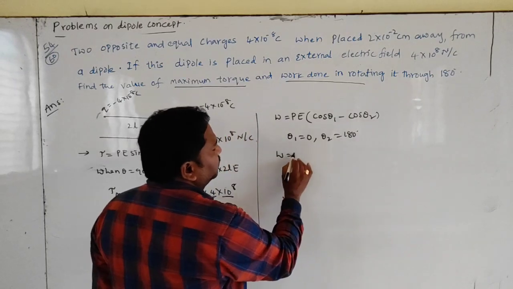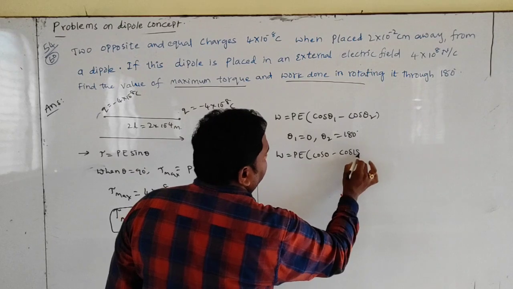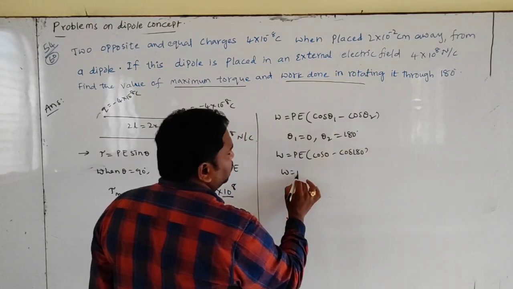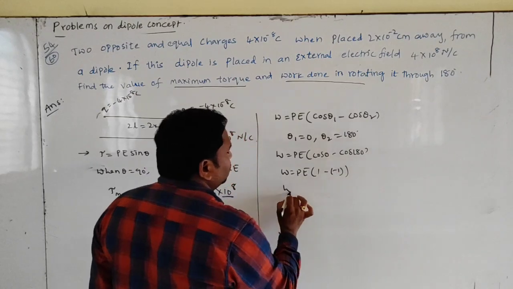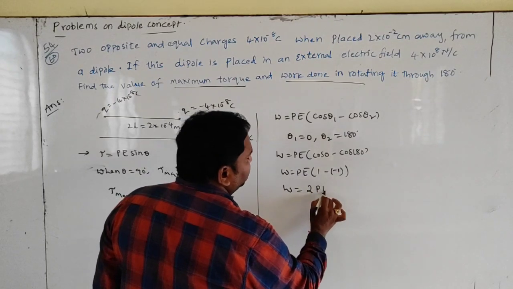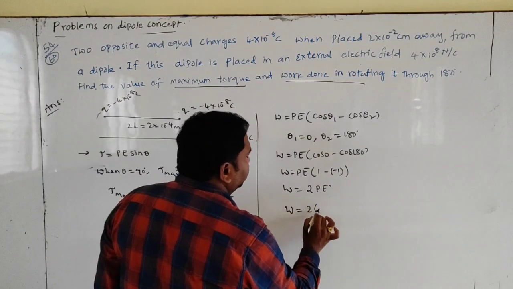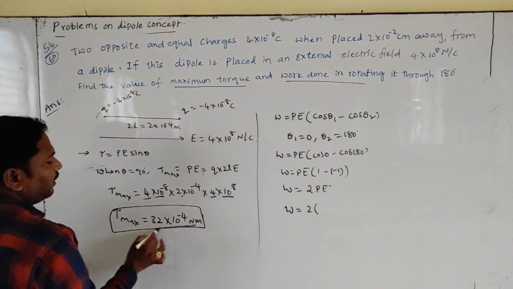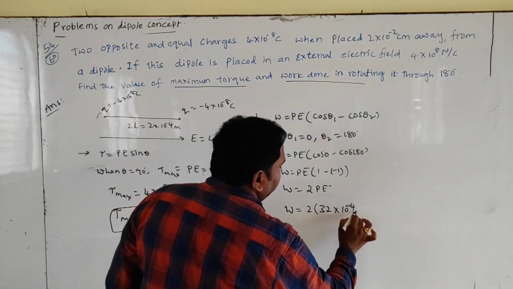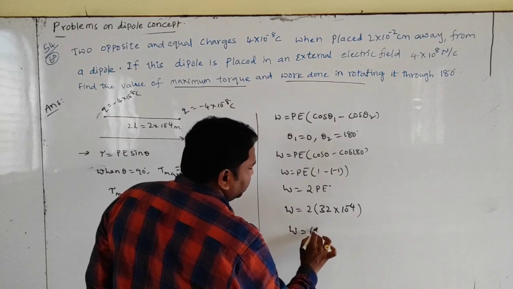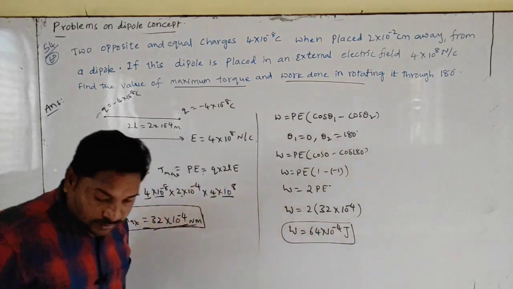So W equals PE into cos 0 minus cos 180, which is PE into 1 minus of minus 1. So W equals 2 times PE. So W equals 2 into the P value, 32 into 10 power minus 4, so W equals 64 into 10 power minus 4 joules. This is the answer.